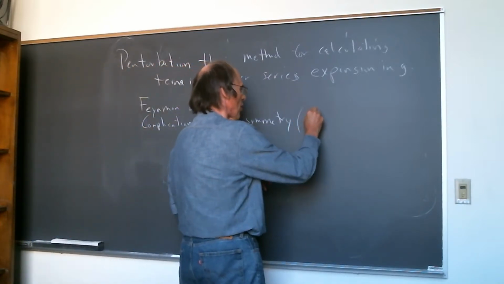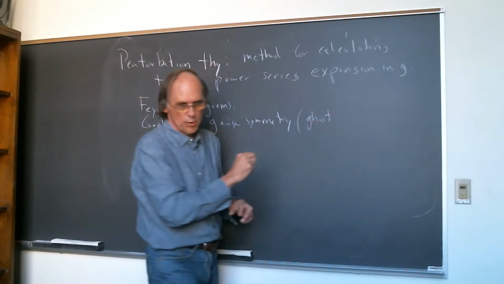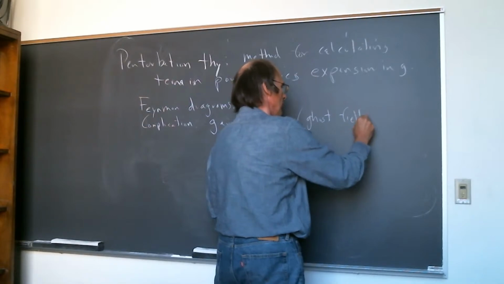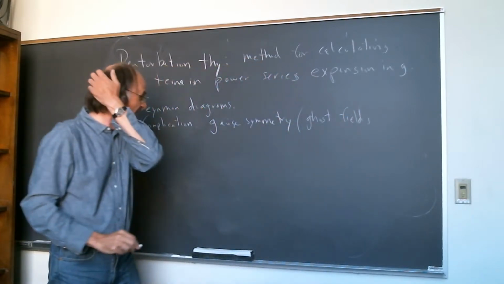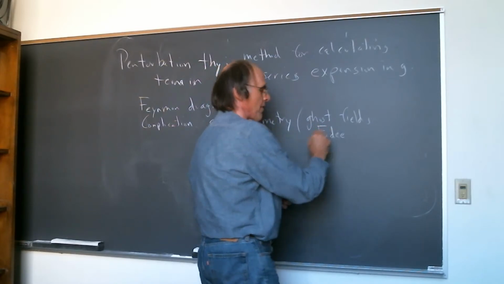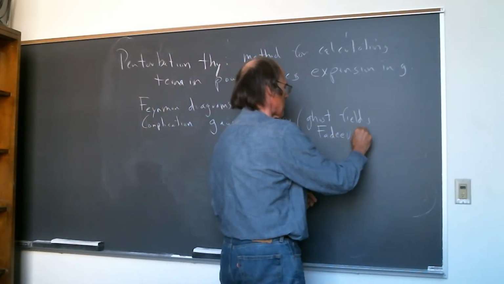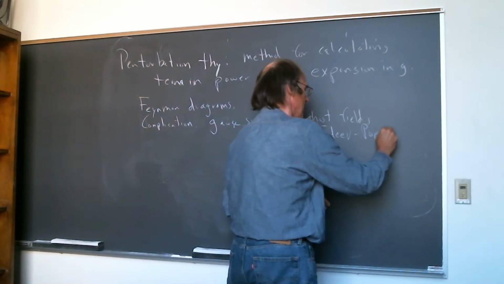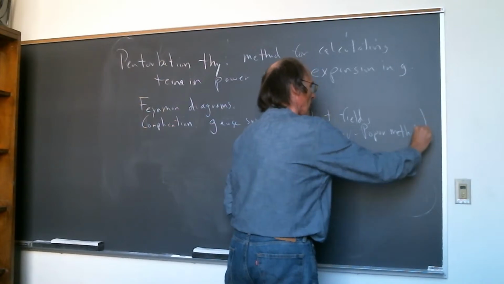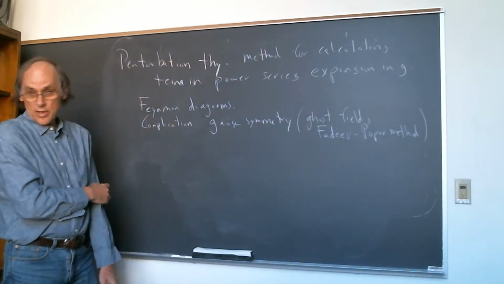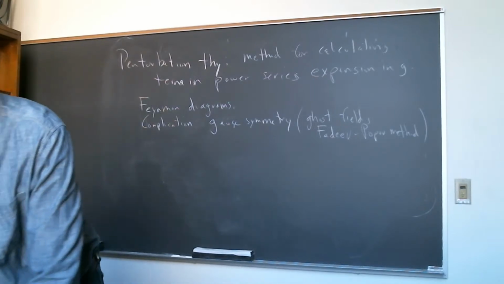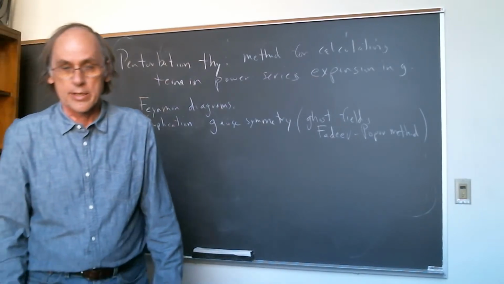And so this involves introducing new fields with the wrong statistics called ghost fields, and sometimes, from the path integral point of view, it's called the Faddeev-Popov method. Okay. So you can do that and in principle calculate things to any order.